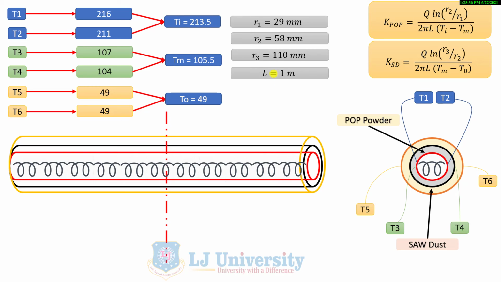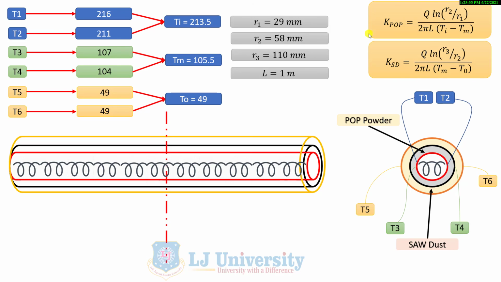From the theory portion, we know that we have an equation for conductivity. To find the conductivity of POP powder we can use this equation, and to find the conductivity of sawdust we can use this equation. We know the values of all the fixed parameters like radius and length.